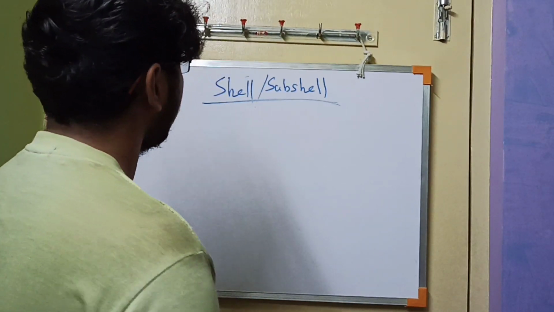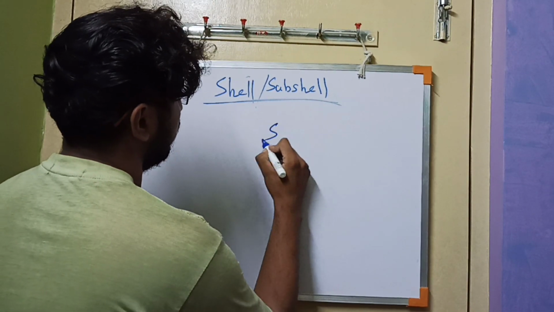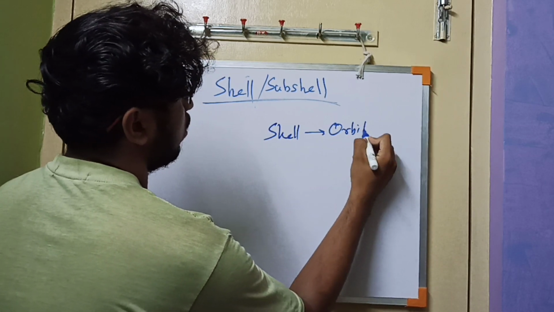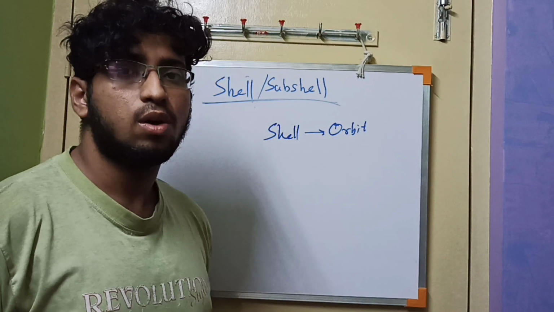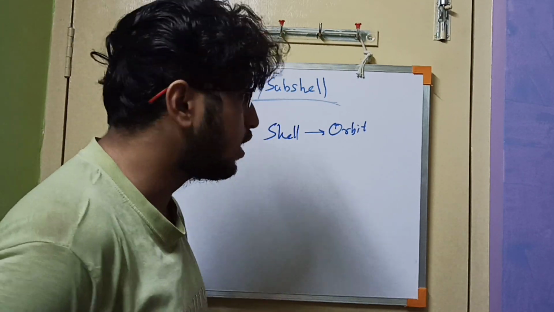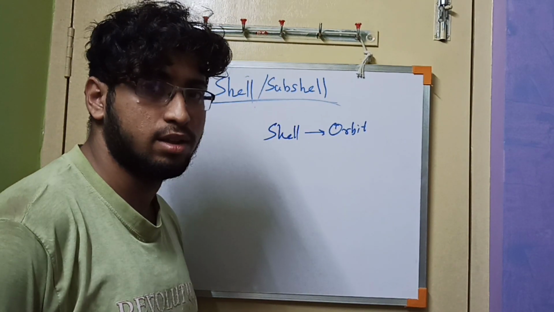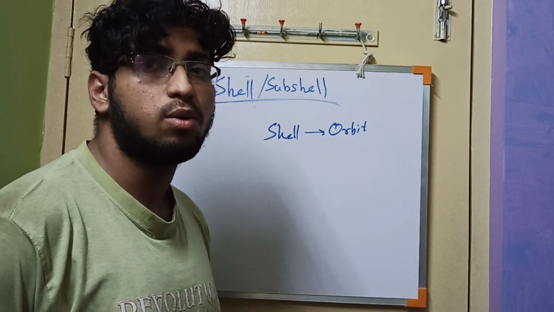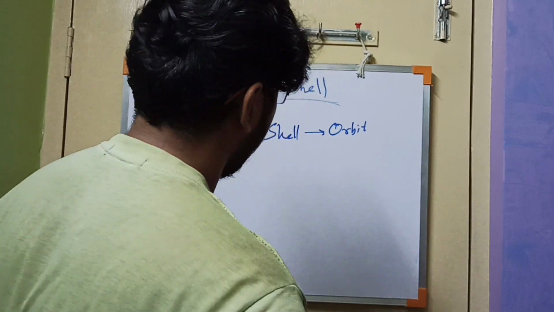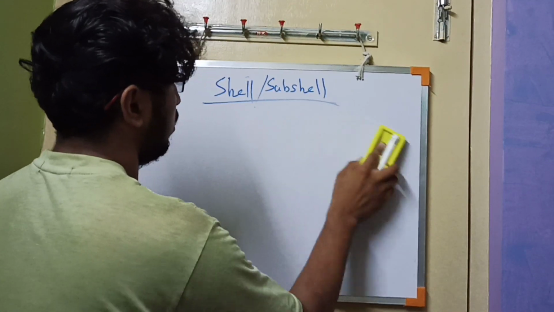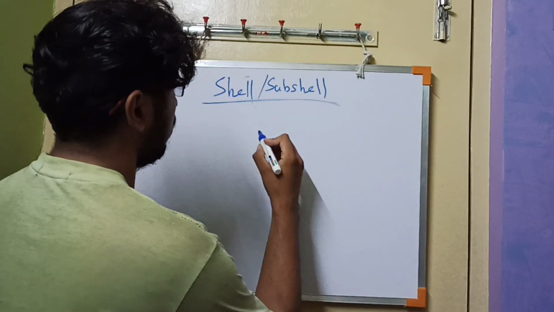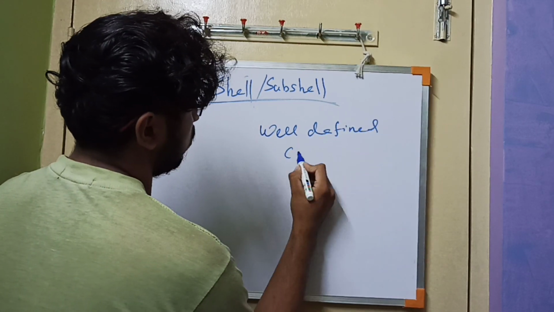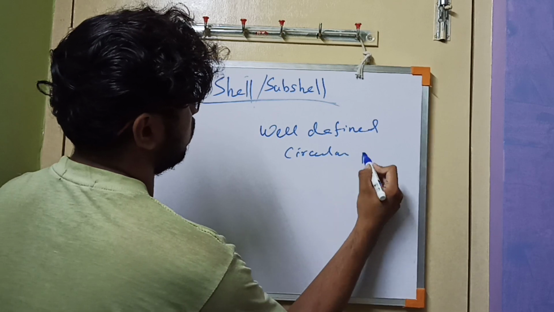What is a shell? A shell is generally an orbit, which means it is a clear path which has a definite shape and a particular amount of energy. That means it is a well defined circular path.